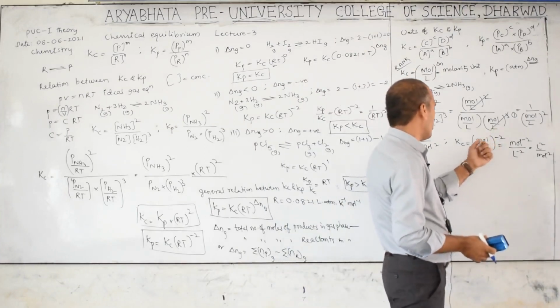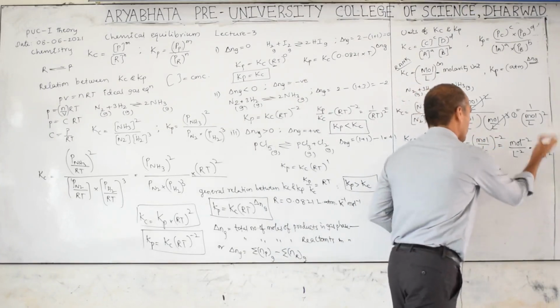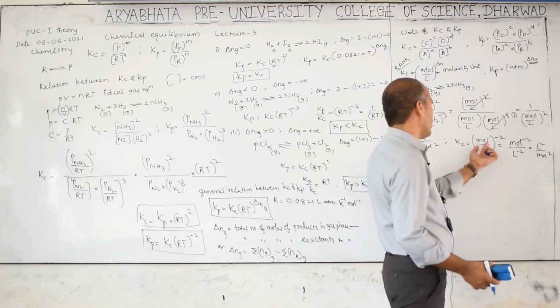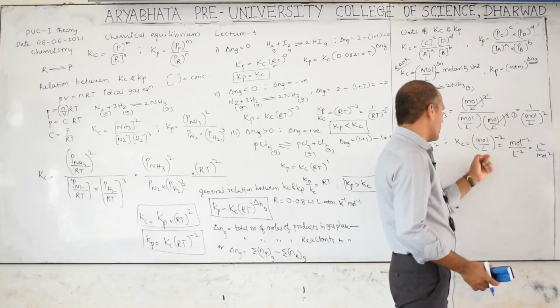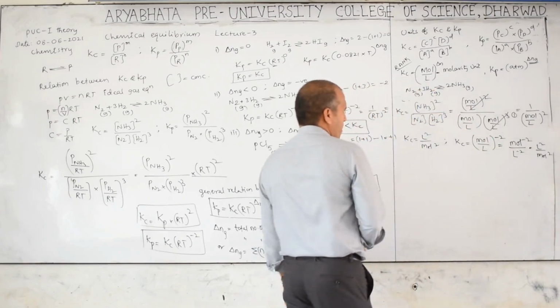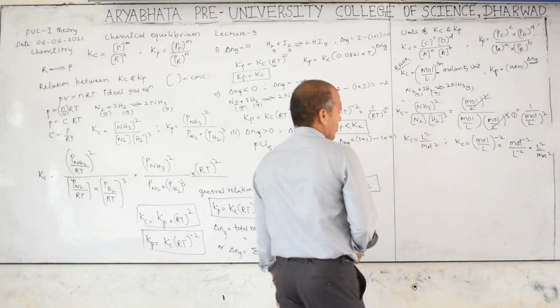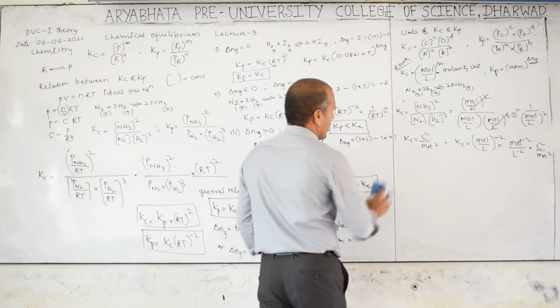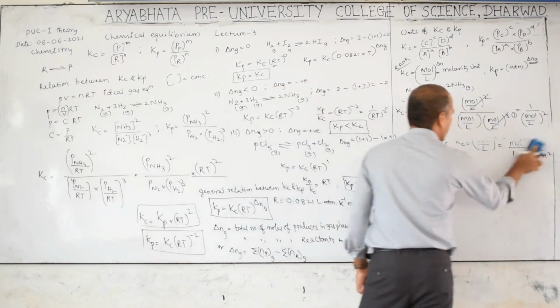Liter, then here mole inverse 2 comes in the denominator, positive, this will go positive. Somewhere I made a mistake. What is the mistake?